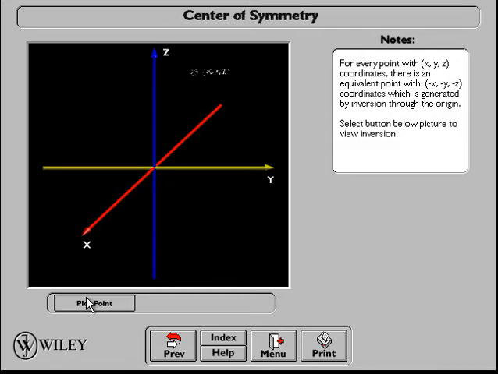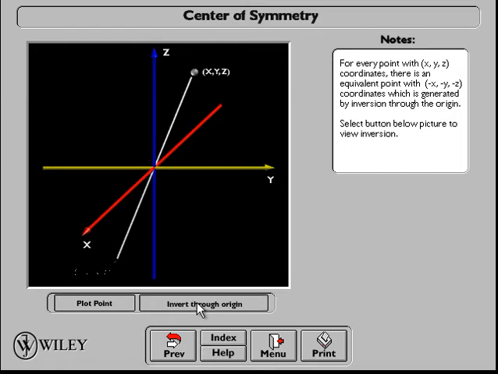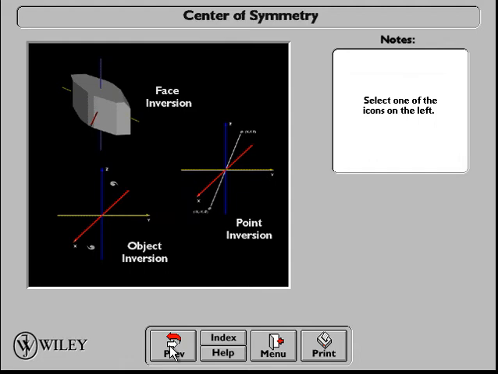So we have plotted the point x, y, z, and we are inverting it through the origin, minus x, minus y, minus z. That was the inversion through the origin, the point inversion.